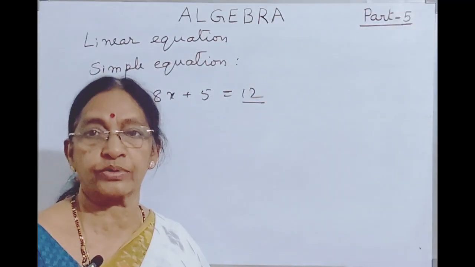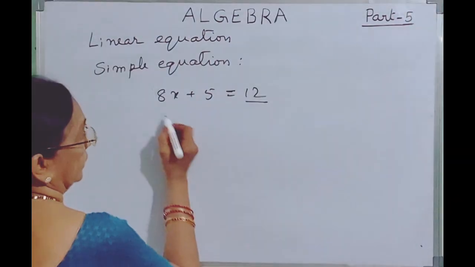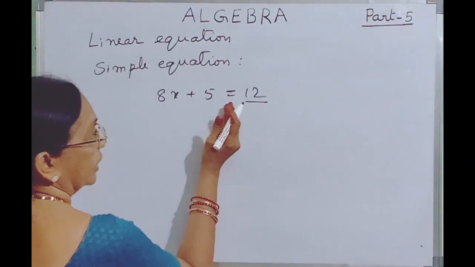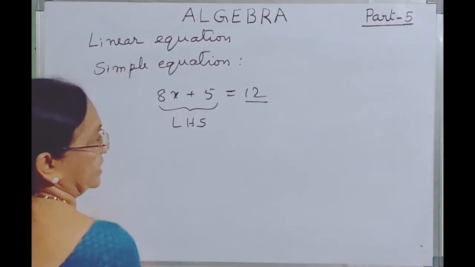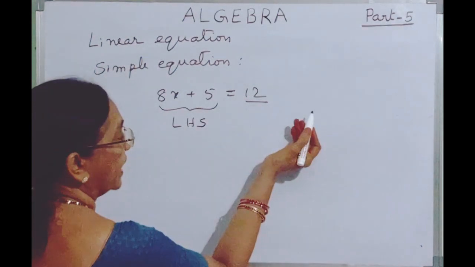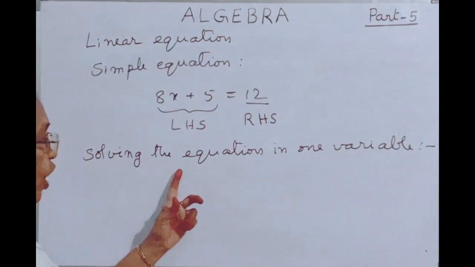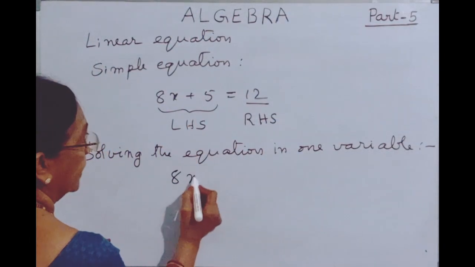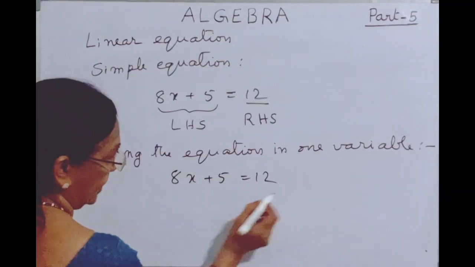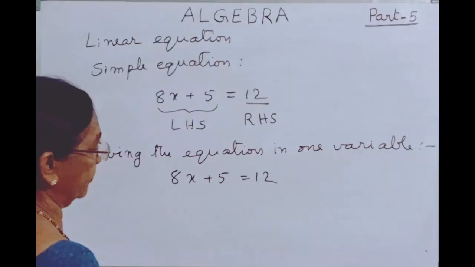Before knowing how to solve the equation, we will learn certain rules. The expression on the left side of the equality sign is called left hand side, LHS. And the expression on the right hand side of the equation is called right hand side. Next, solving the equation in one variable. This is an equation in one variable. Only one x is there as variable.